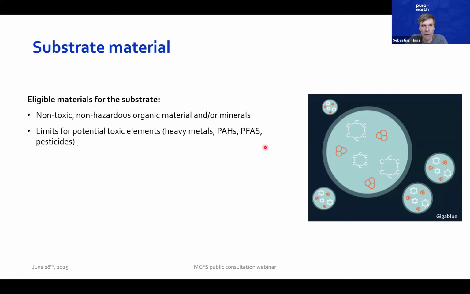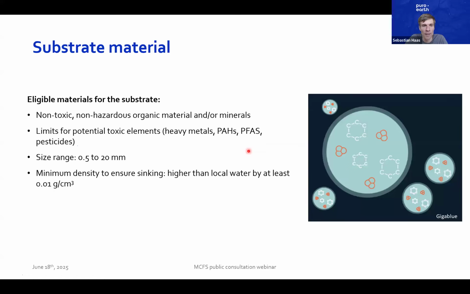There are strict limits for potential toxic elements contained, so we don't want them in there. There are size range requirements for the particles. There are minimum density requirements to ensure efficient sinking. There are, on top of that, requirements for maximum flotation period and minimum sinking speed.